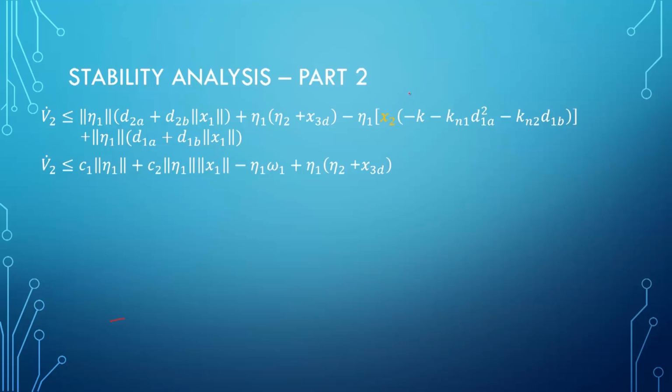And this is known, so we can keep it. And S2 is measurable, eta 1 is measurable, and every term here is known, so you can keep it. And eta 1 norm times D1A goes to here.